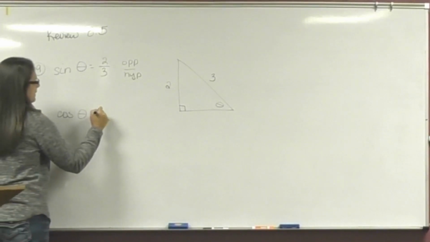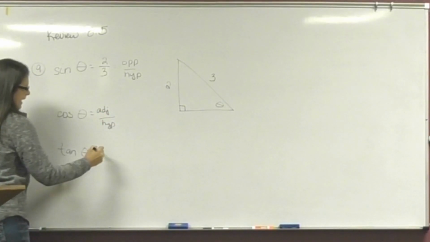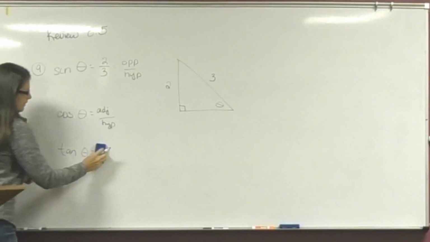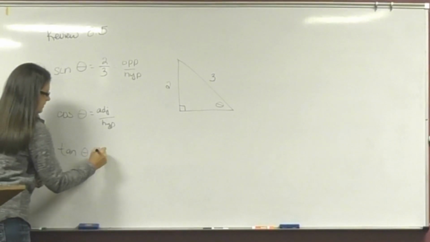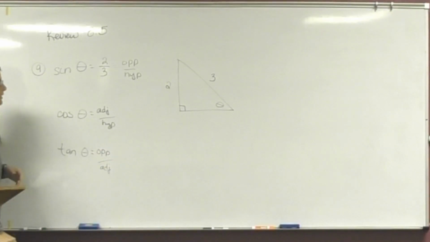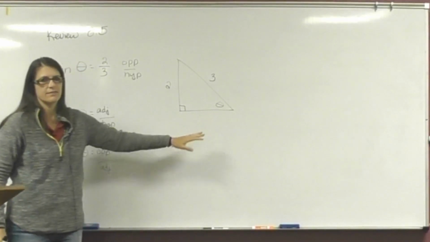Okay, so we're just having to put pieces of the puzzle together. Cosine, I know, is adjacent over hypotenuse, and tangent is opposite over adjacent. So what I'm missing here is adjacent.